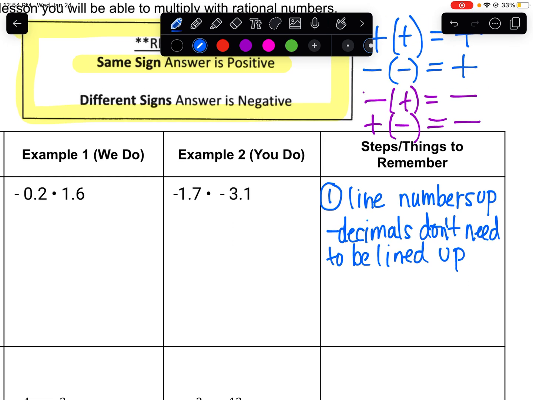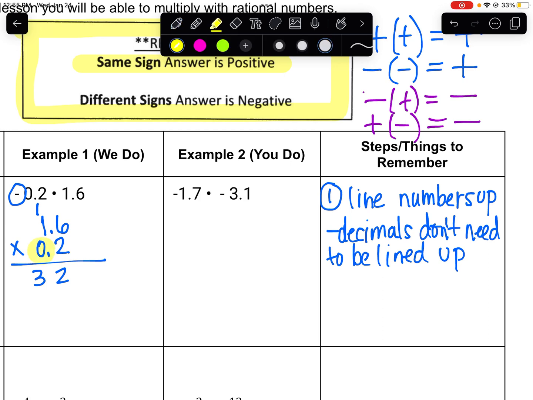I'm going to put my bigger number on top, so 1.6, and then I'm going to put my 0.2 on the bottom. I'm also going to circle this negative sign, so I know at the very end I need to address that sign. So I'm going to do my decimal math. 6 times 2 is 12. Carry my 1. 2 times 1 plus 1 is 3. Now, because I have a 0 in this next placeholder, I don't actually need to go to my second line.